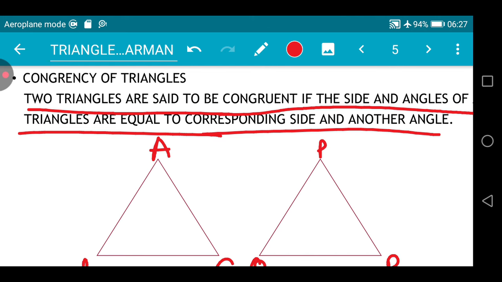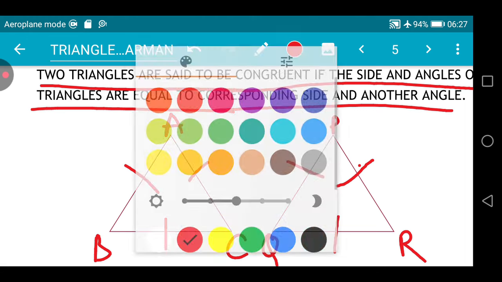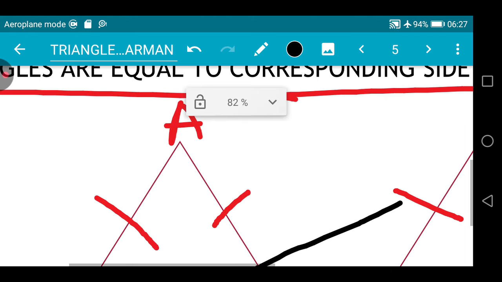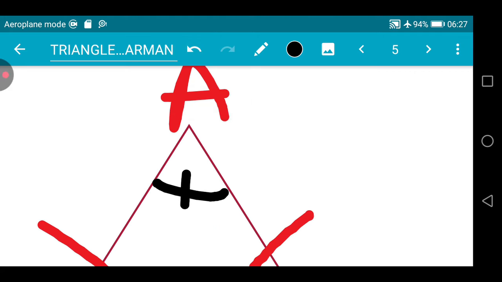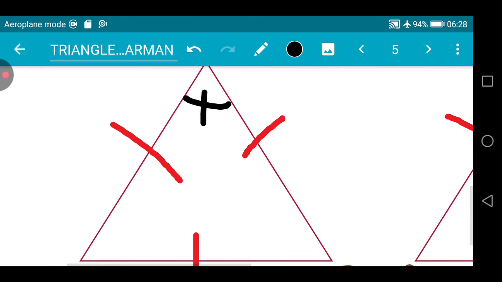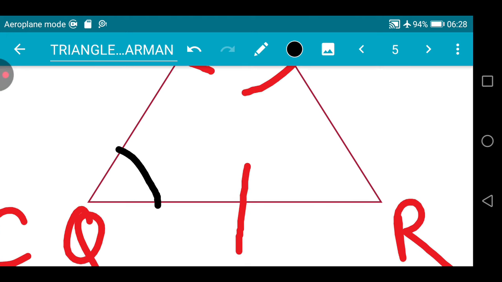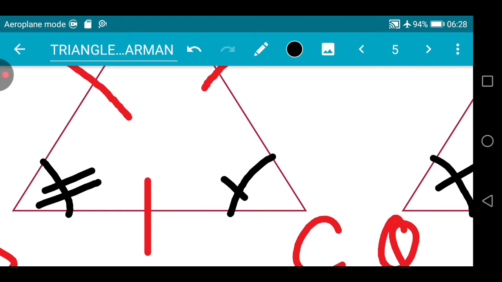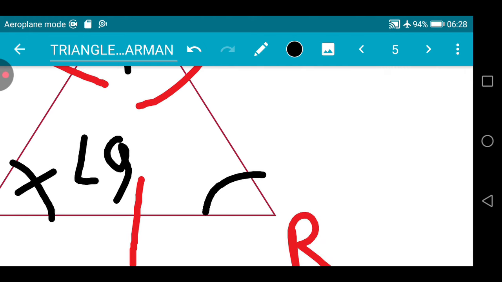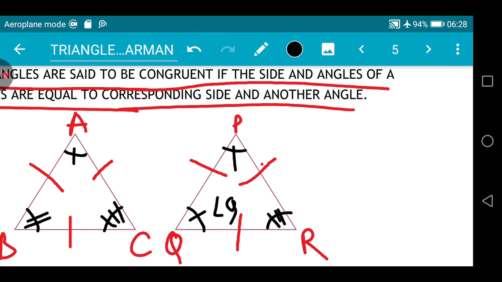So if AB equals PQ, AC equals PR and BC equals QR, and for the angles, angle A equals angle P, angle B equals angle Q and angle C equals angle R, then we say these two triangles are congruent.